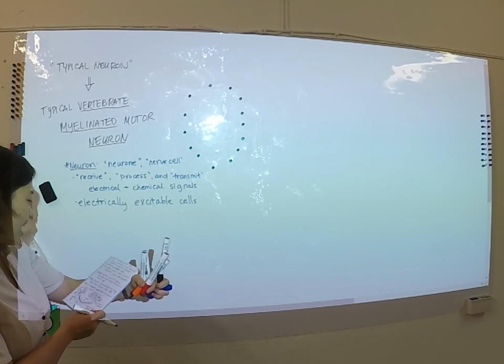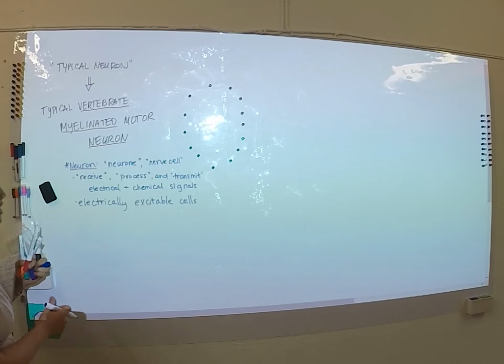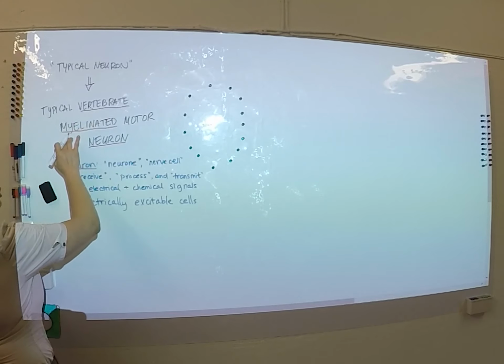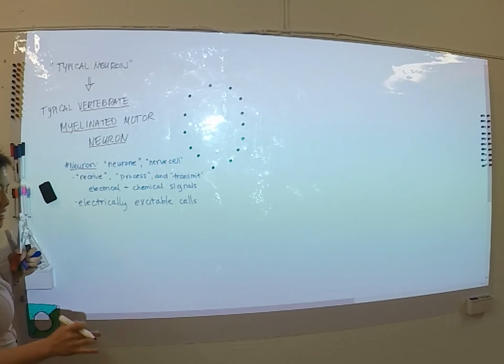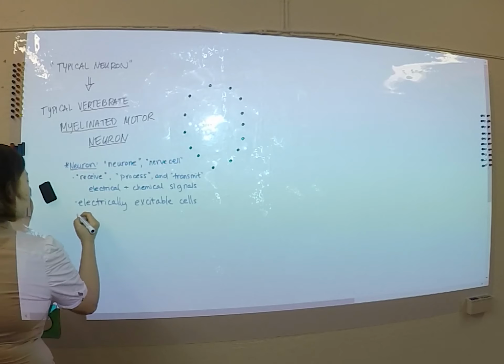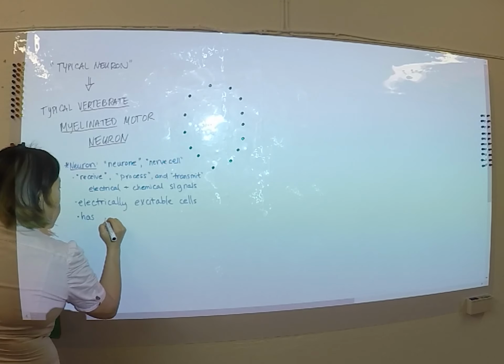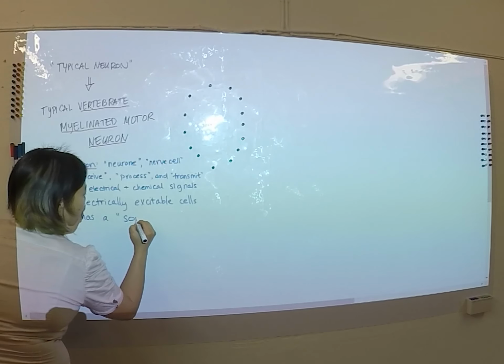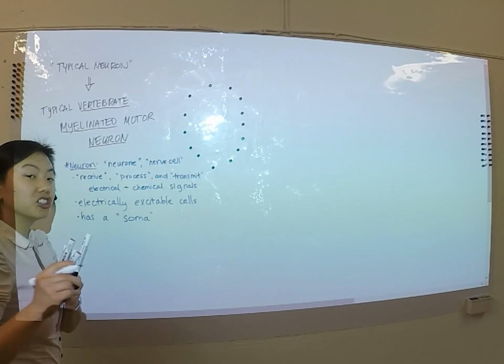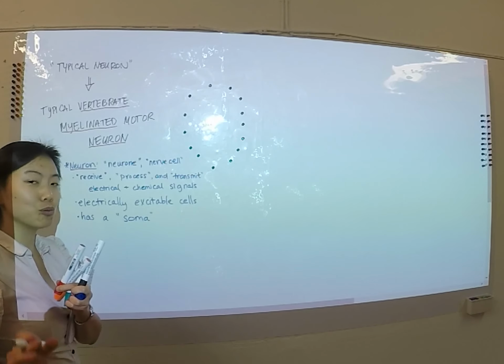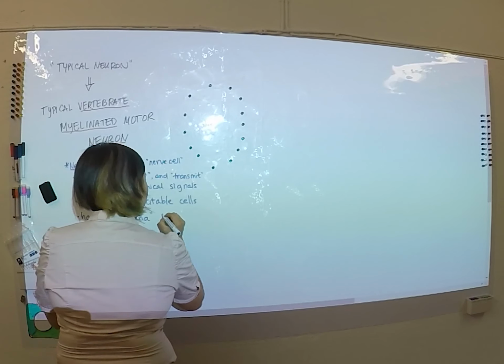Okay. Then, lastly, specifically our typical vertebrate myelinated motor neuron, it has what's called a soma, which is just a fancy Latin word for body.